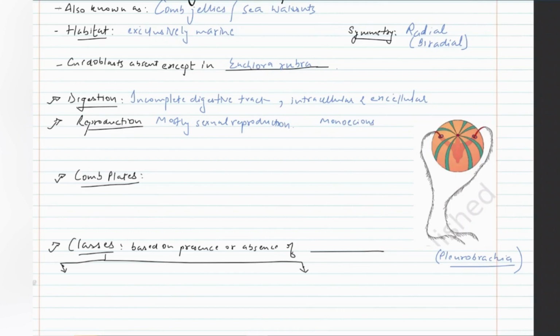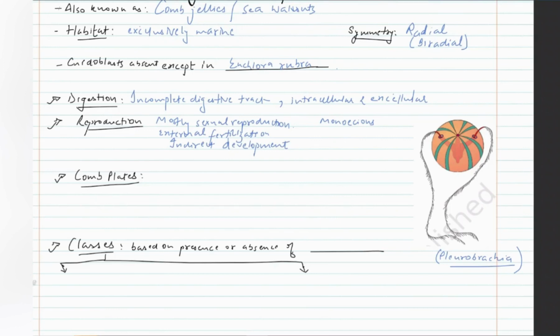Monoecious means that the male and female reproductive parts are present in the same animal, that is, they are hermaphrodites, and fertilization is external, which means fertilization takes place outside the body of the animal. And development is indirect, that is, a larval stage is present which does not resemble the adult.